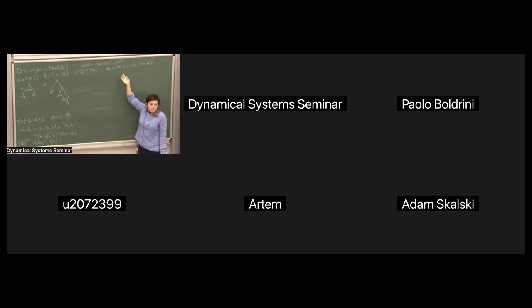So this is not self-similar. A and B are not in H. So, let me write AB this other way.